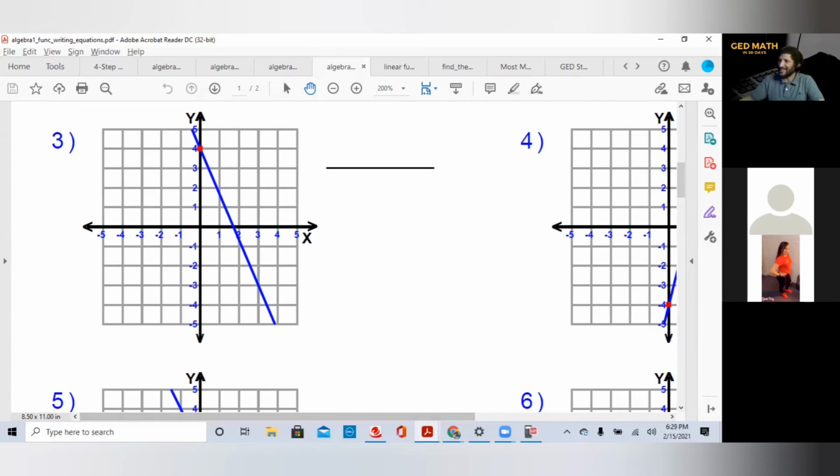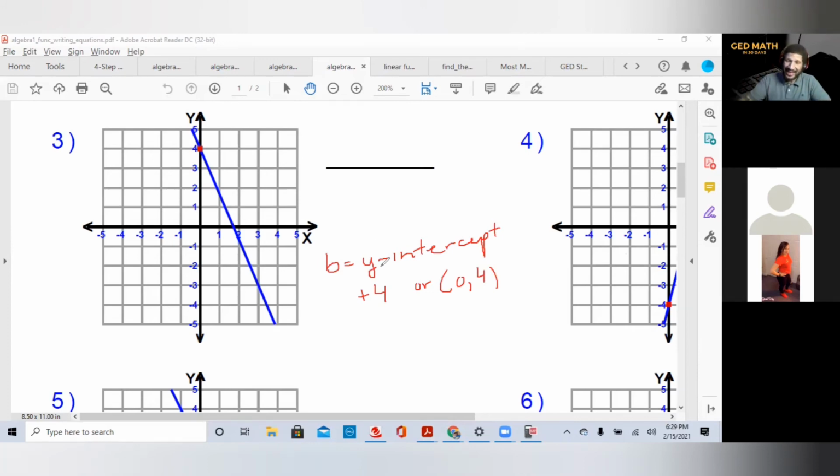What's the first thing that's given from number 3? The y-intercept. So B, which is the y-intercept, is what? +4. So B is +4, or (0, 4). So if x is 0, y is 4.